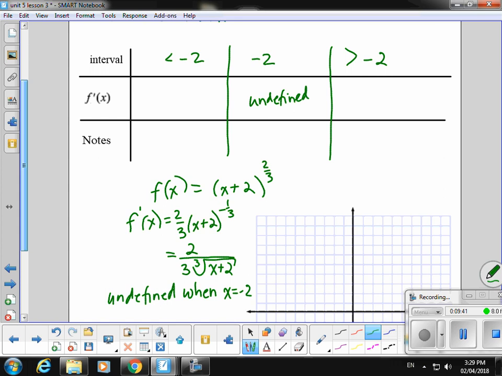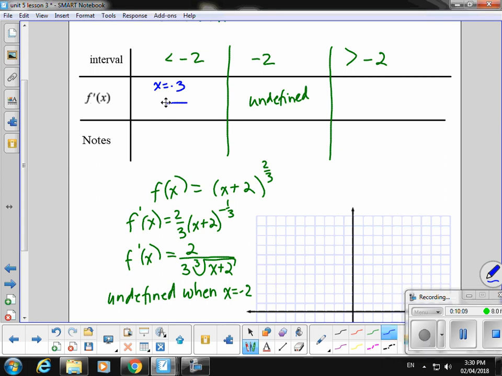If I look at my derivative and I put a value in of less than negative 2, so what do we do? Negative 3? I'm going to have on the bottom cubed root of negative 3 plus 2, which is negative 1. Cubed root of negative 1 is negative 1. So I have 2 over negative 3. I have a negative.